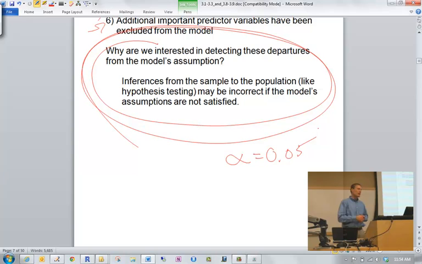If our assumptions are not satisfied, then all the derivations behind your test statistic and its corresponding distribution are not necessarily going to hold true, and maybe your type 1 error rate is something different. Maybe instead of 0.05, it's actually 0.5. That's a problem. You don't want to commit type 1 errors. So that's why it's so important to know if your assumptions are at least reasonably satisfied with your model.